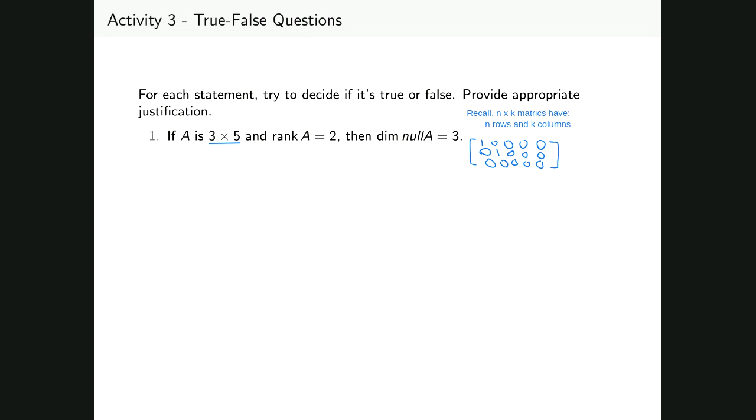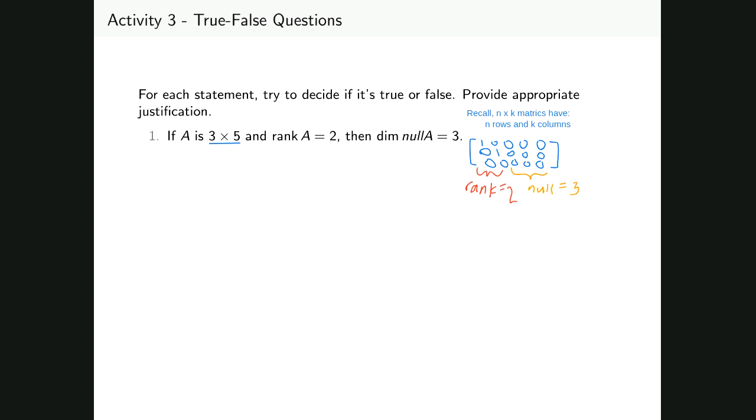Okay, so here we have rank 2. And here we have null space 3. So this strongly suggests that this works. This is an example of it.